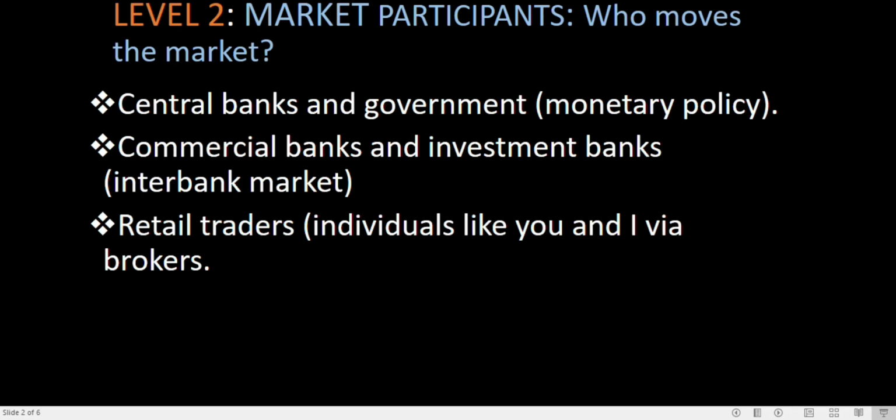So when they come to play in the forex trade, they take a higher stake in the forex market than individuals.